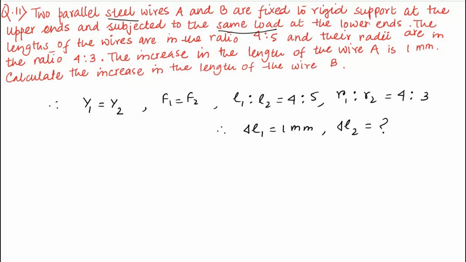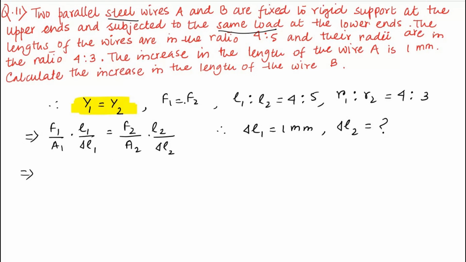Okay, so we are going to use the first expression, which is that Young modulus of wire A and Young modulus of wire B are both the same. So we know Young modulus gives us the stress upon strain relation. Here stress is F by A and strain is delta L by L. So here it would be F1 by A1 into L1 by delta L1 is equal to F2 by A2 into L2 by delta L2.